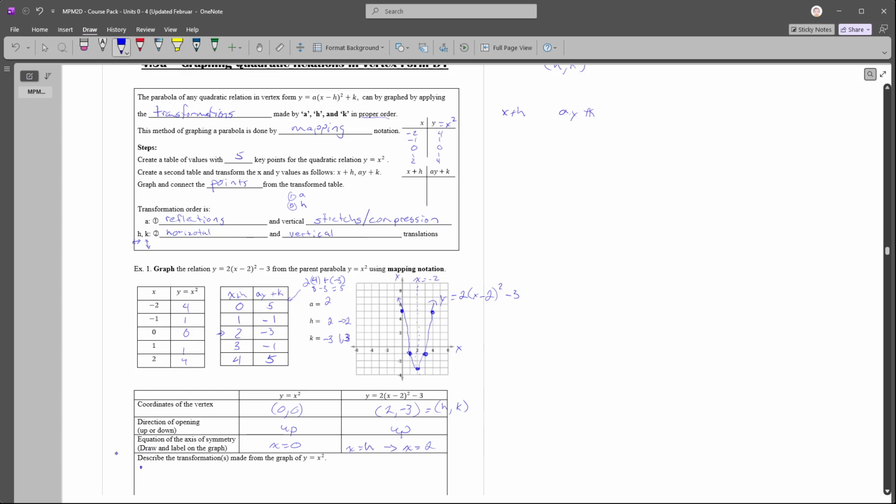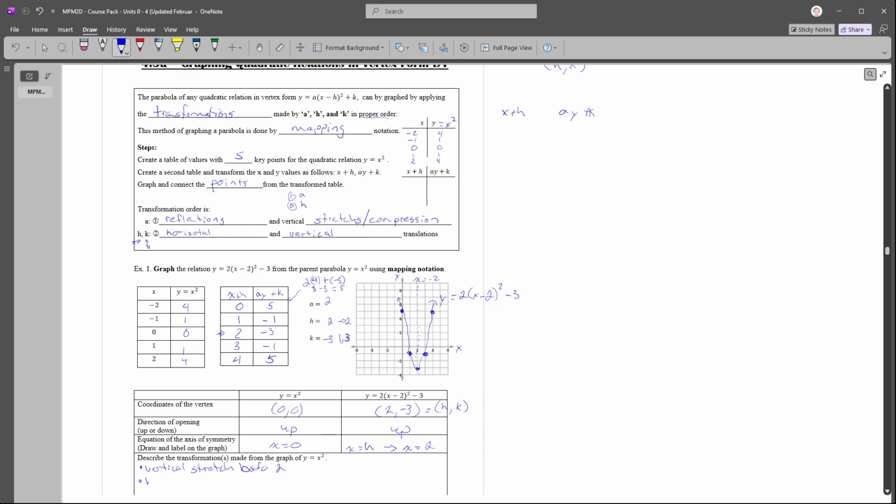We can see that right by the a component here. So a vertical stretch by a factor of 2. All right, now we go into (h, k), horizontal and vertical translations. So let's start with the horizontal. Was there a horizontal transformation? Yeah, there was. There was a horizontal translation to the right by 2. We already wrote that over there.